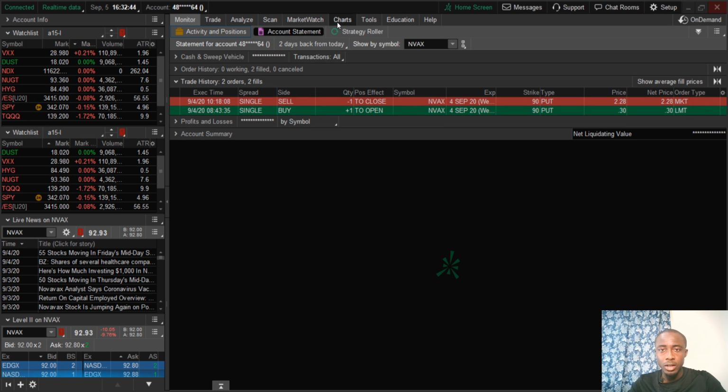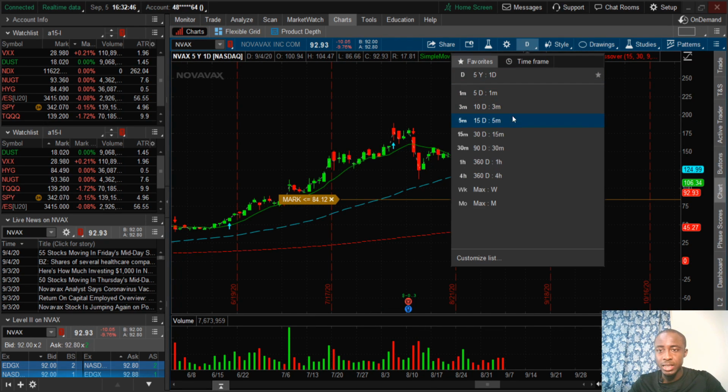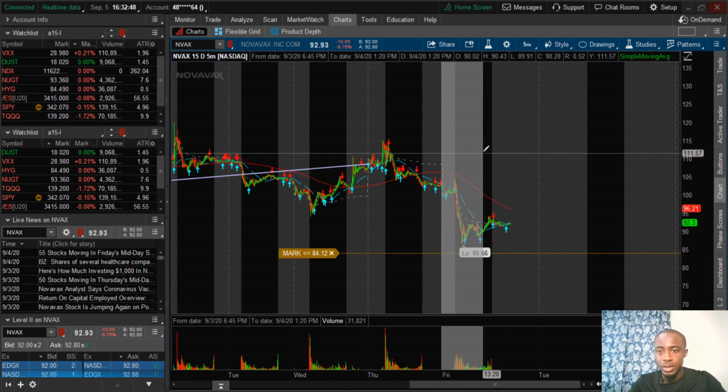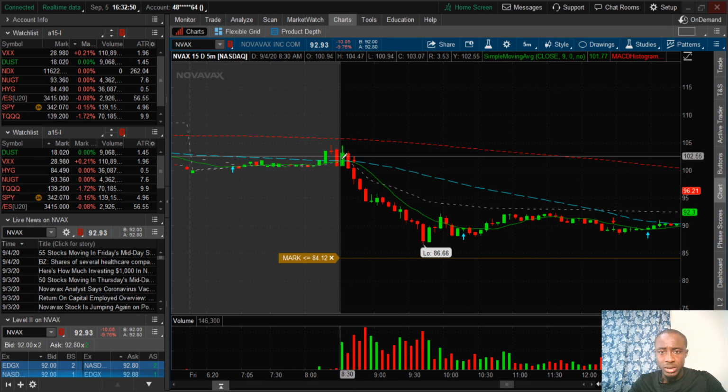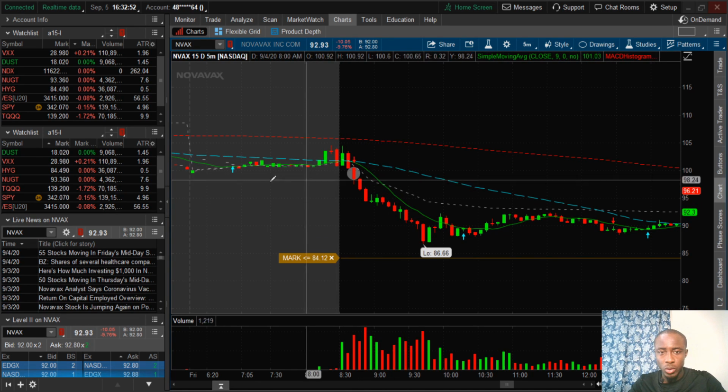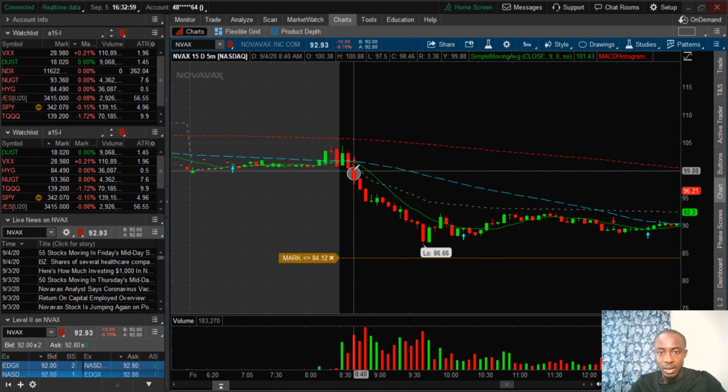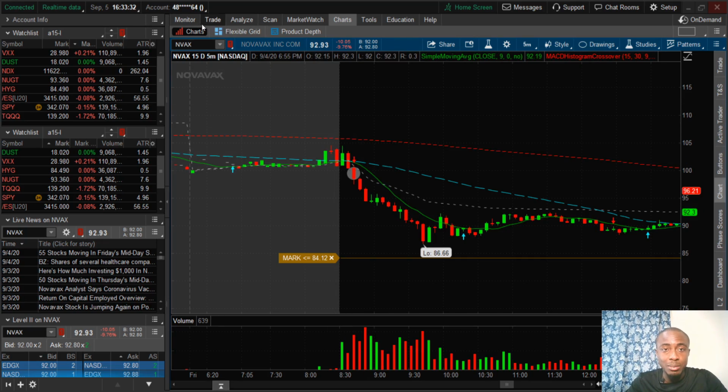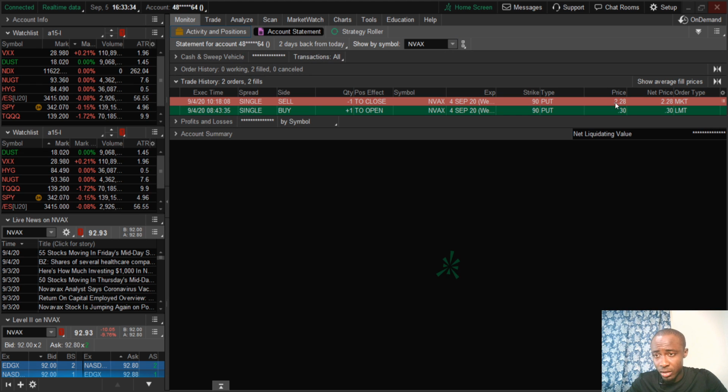And if you look on the chart and we change that to the 5-minute time frame, 8:43 was in this candle right here. As soon as it dropped below the previous low, I decided to go in with just one put for the sole intention of making at least 7 to 10x on that little $30. And if you go back to the monitor tab, you can see that I got out of that put at exactly 10:19.